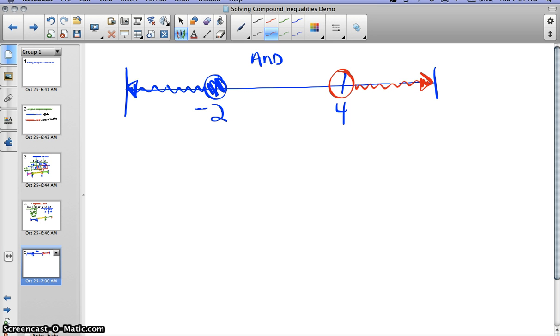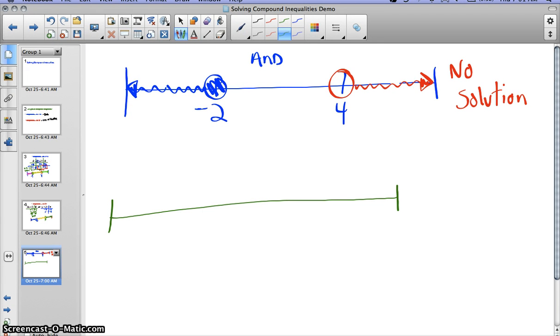Because this is an AND, it has to satisfy both of these. There is no overlapping area. Therefore, there is no solution on this one. Okay? So if you have an AND equation, and it does not overlap, there is no solution. Alright, so keep that in mind. Maybe you want to jot that down in your notes.